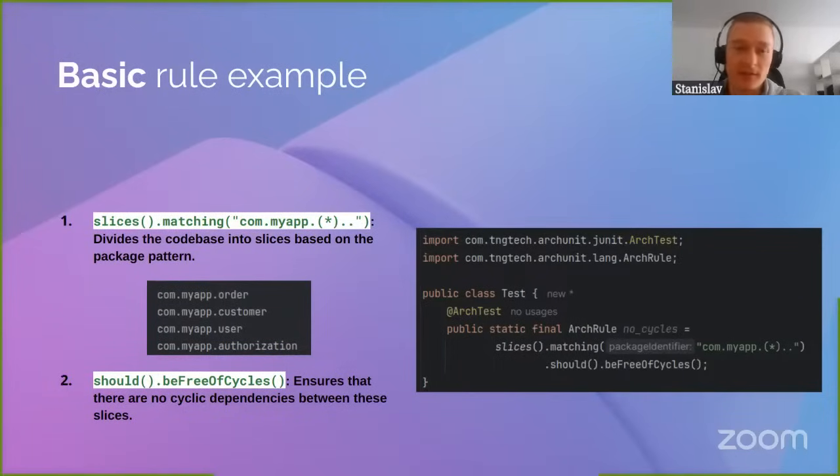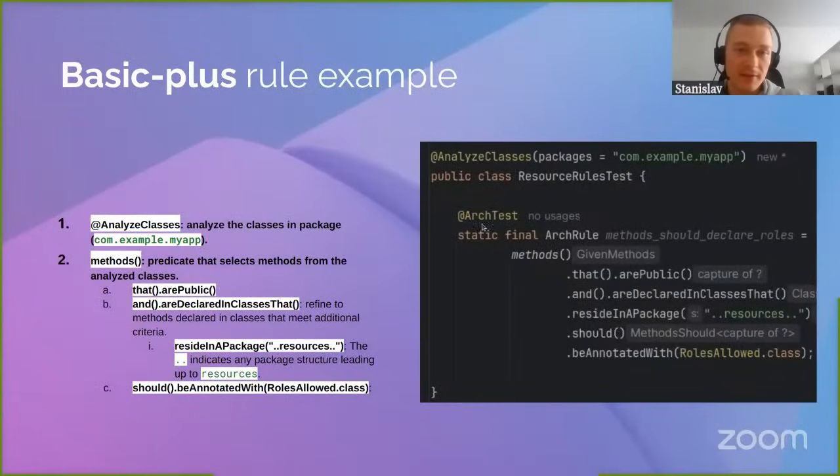It is constructed with the pattern you see in the list. Number 1, we have slices matching my up star. So in this concrete test application, we have 4 slices. It is order, customer, user, and authorization. And in our assert, we just say that they should be free of cycles. It means that order should not depend on customer, and customer should not depend on order.